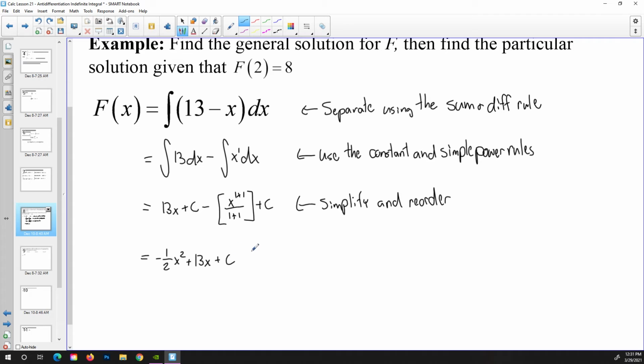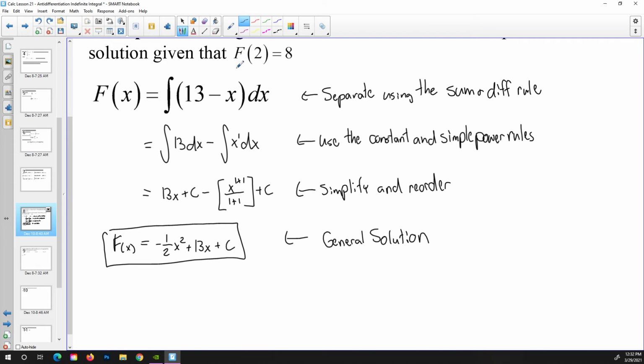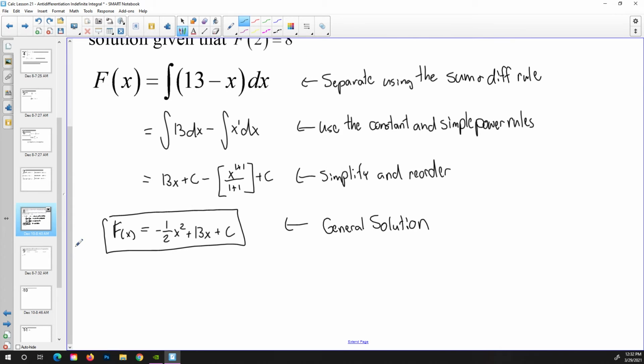And so we're going to put our box around this and call this our general solution. And then we're going to use this piece of information right here, this capital F of 2 equal to 8, to find our particular solution.